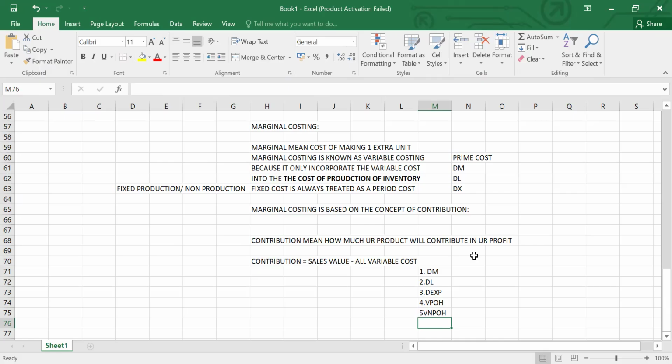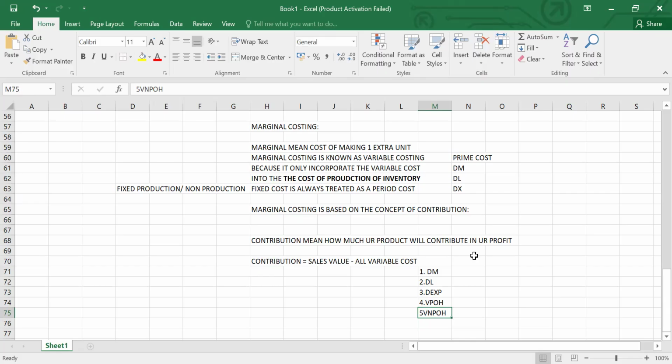Whenever you calculate contribution per unit, or simply contribution, you should always include variable non-production overhead in your variable cost, right?